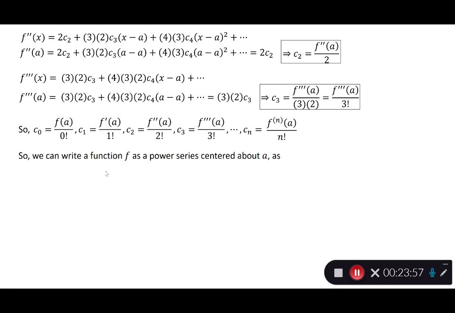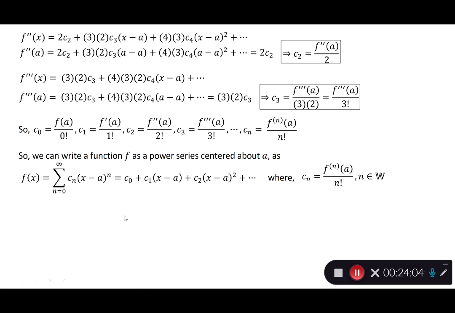Cool. So if you want to write f as a power series, this is what you do. And the way to calculate those unknown constants is by doing this one. n is a whole number, provided f is infinitely differentiable. Any idea what that's all about?